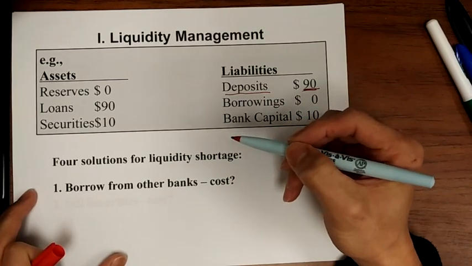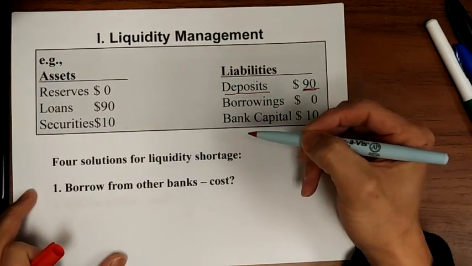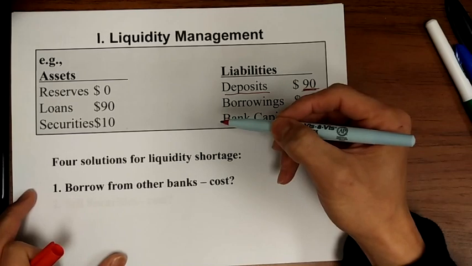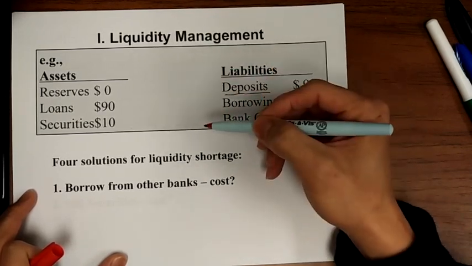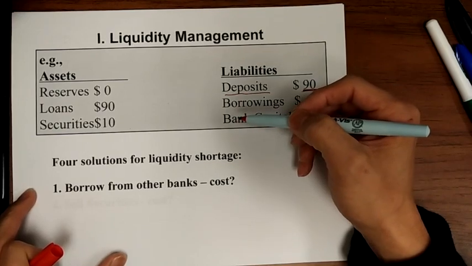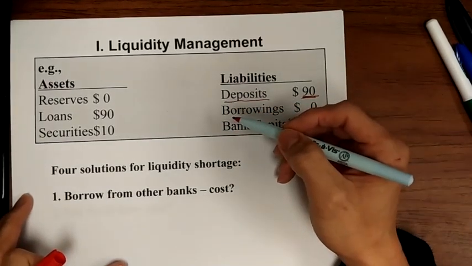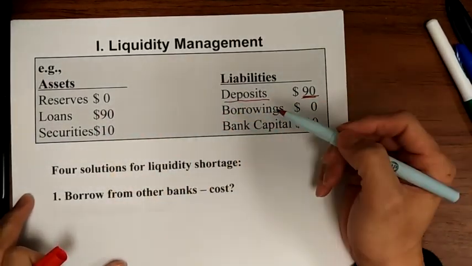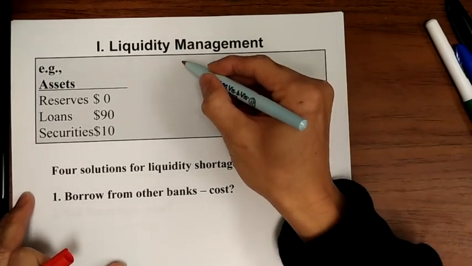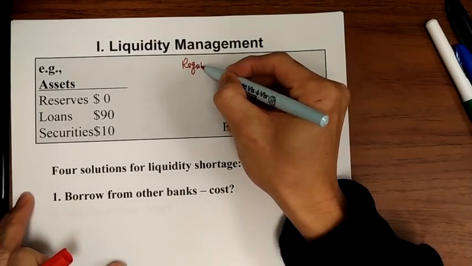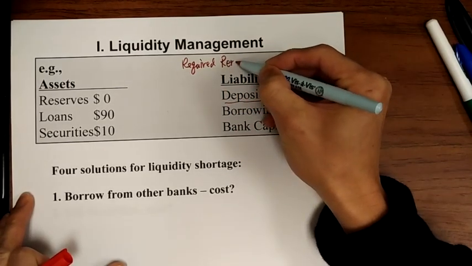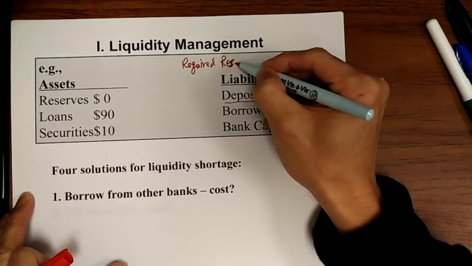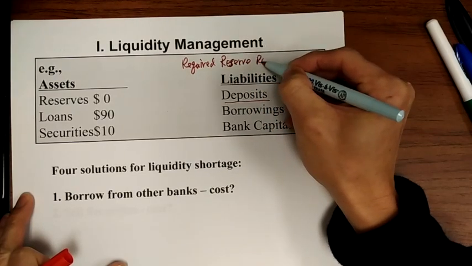The Fed, that is, the central bank, that is, the boss and the regulator of the commercial banks, will set a minimum requirement, which is called required reserve ratio.